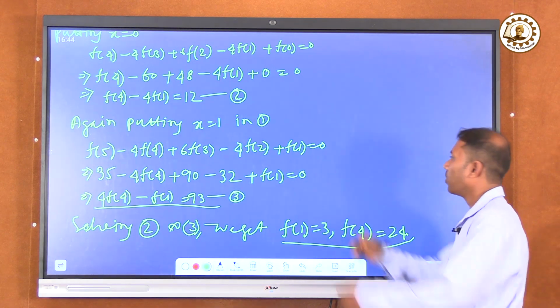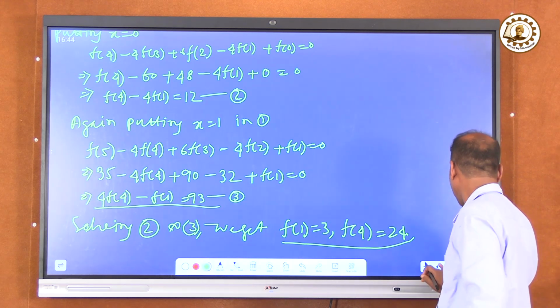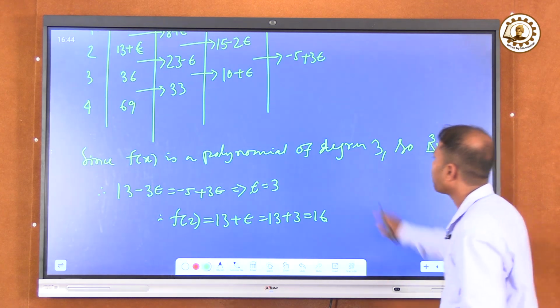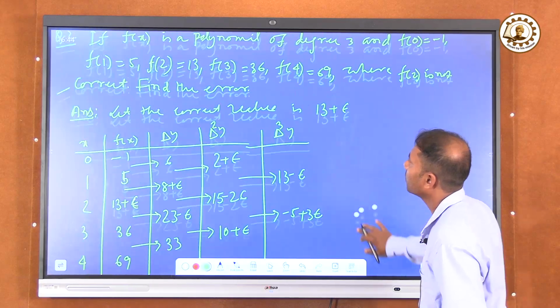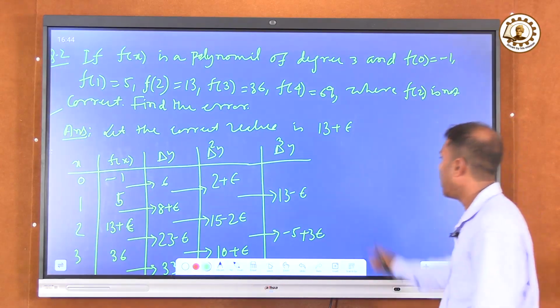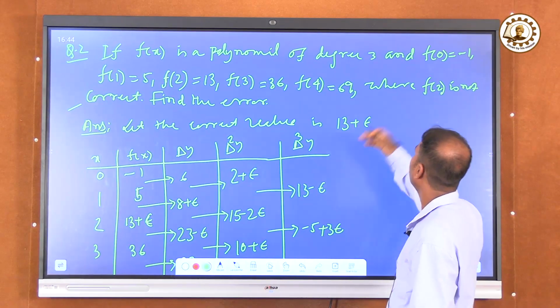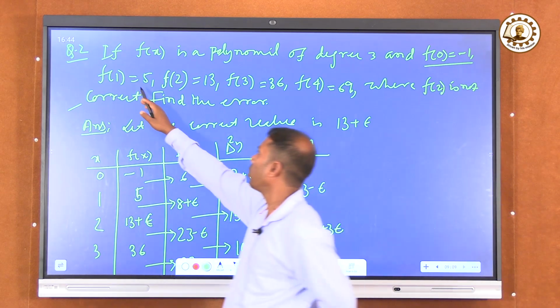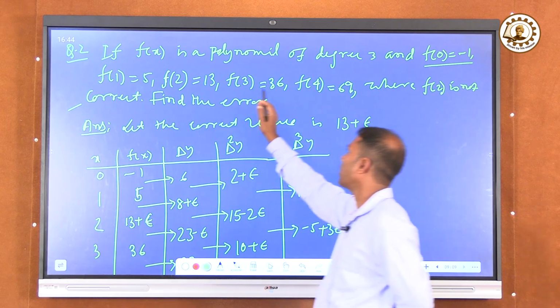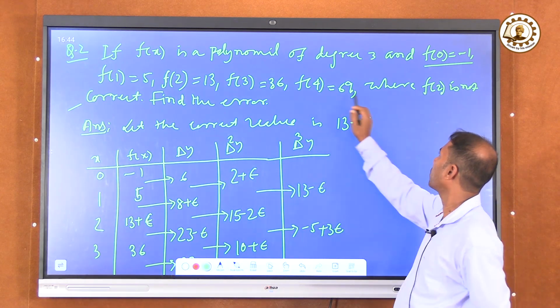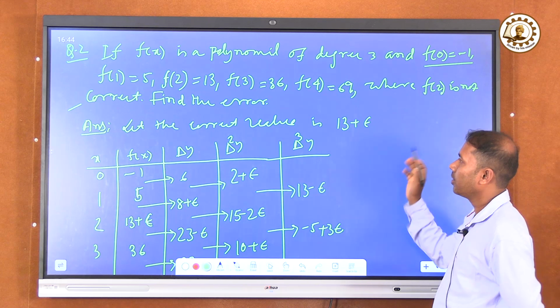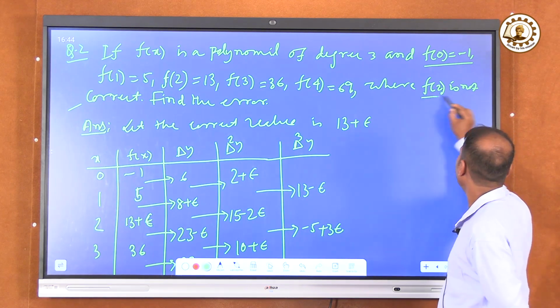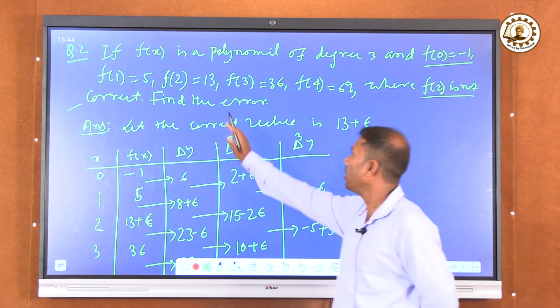Okay. We solve one more problem. If fx is a polynomial of degree 3 and f0 equals minus 1, f1 equals 5, f2 equals 13, f3 equals 36, f4 equals 69, where it is given that f2 is not correct, find the error.